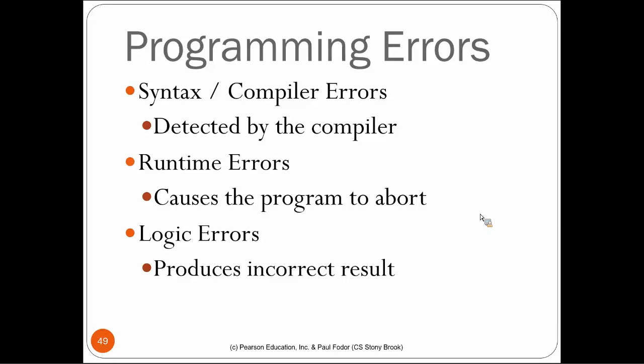Runtime errors are errors which are syntactically correct, but which may cause the program to abort because the operation they try to do is illegal. For instance, we can have a division. A number divided by a number, in most cases, returns another number, except when you divide by 0.